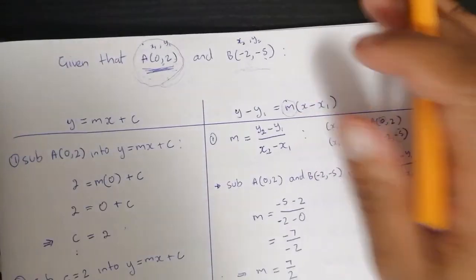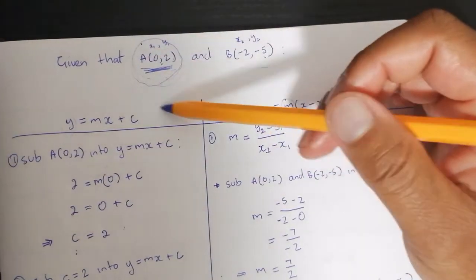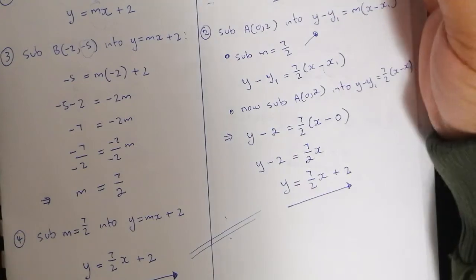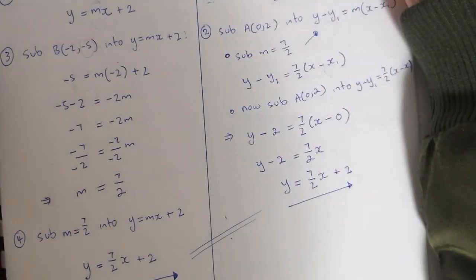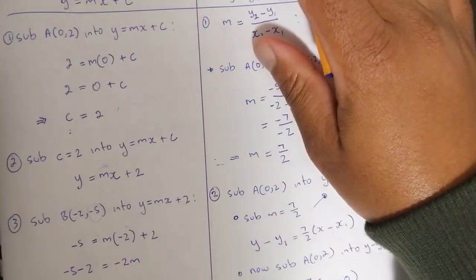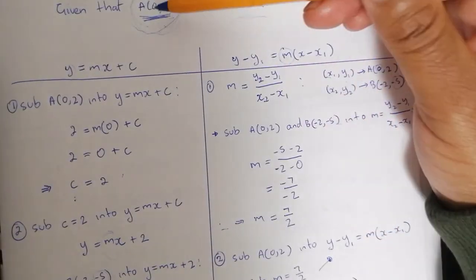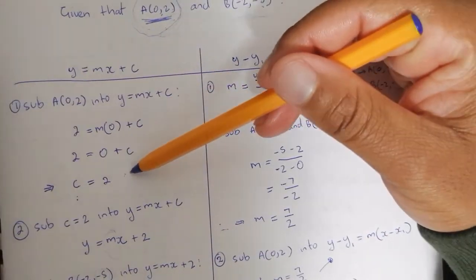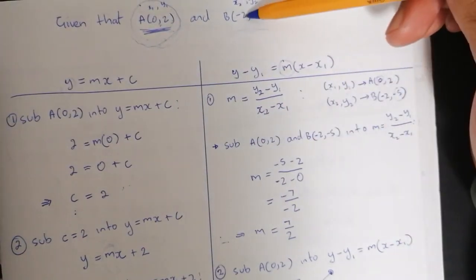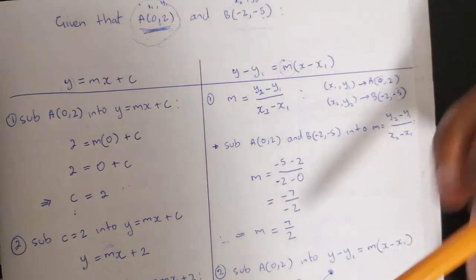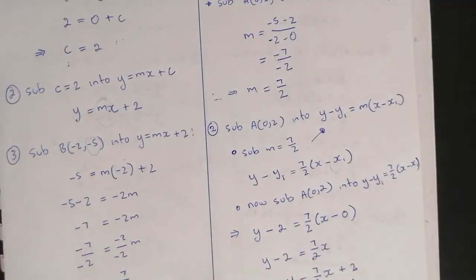You can't use the y-intercept to find the value of m, because that's just going to cancel the m out. So we use the y-intercept A to find the value of c, and then we use the second point B to find the value of m. So don't forget that.